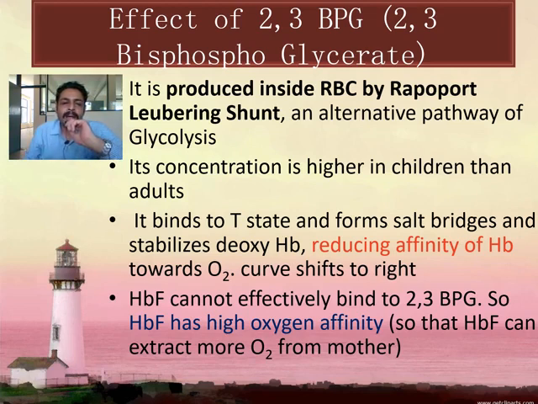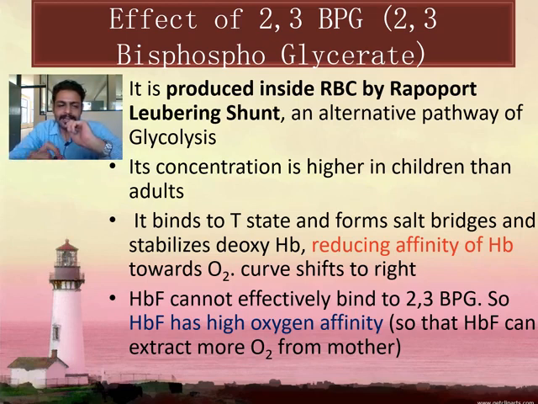What happens is 2,3-BPG binds to the taut state and forms salt bridges and stabilizes deoxyhemoglobin. That is, it prevents oxygen attachment, or we can say the affinity of hemoglobin towards oxygen is reduced. That means what? Faster unloading. When the oxygen affinity is reduced, faster unloading will be there. So automatically the curve shifts to the right.